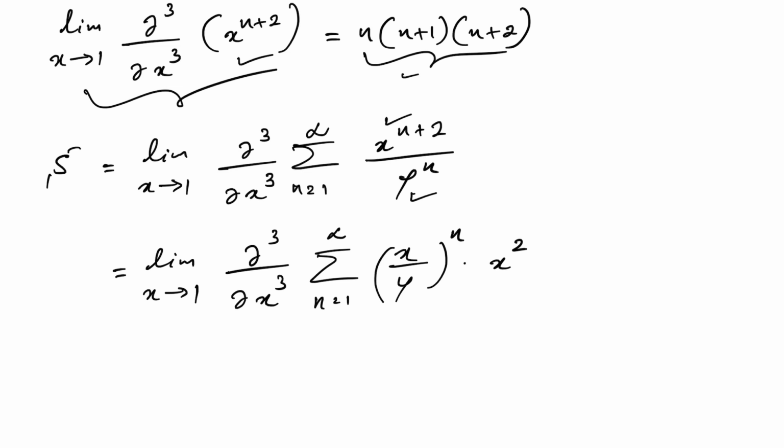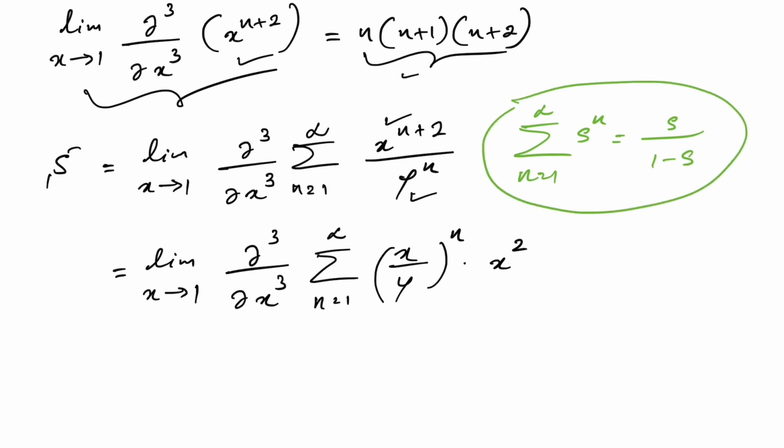We know that the sum from n equals 1 to infinity of s to the n is equal to s over 1 minus s when the absolute value of s is less than 1.